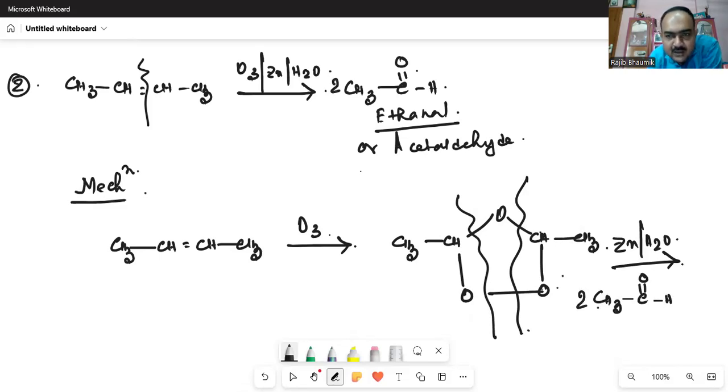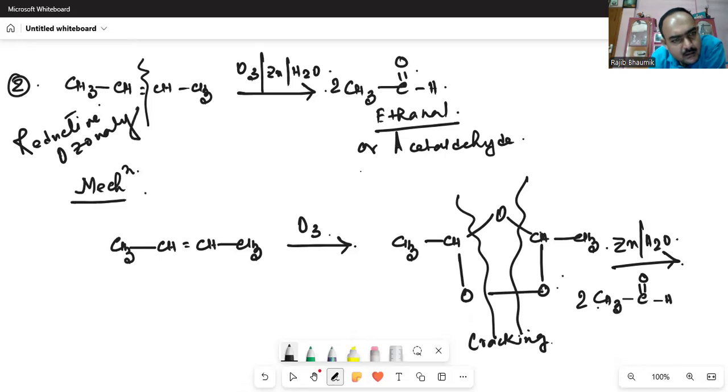This step is known as the hydrolysis or cracking. This is a reductive ozonolysis, you should remember this. There are two types of ozonolysis. The first one that we have seen with hot alkaline KMnO4 was the oxidative type of reaction, where the double bond breaks.